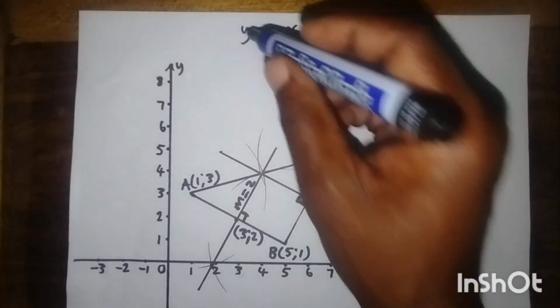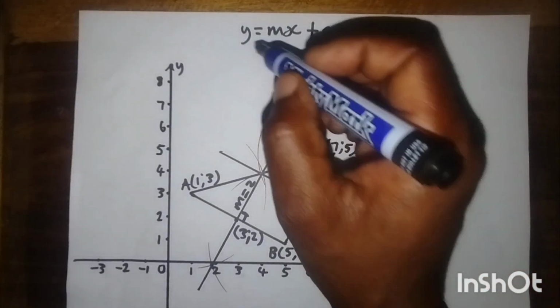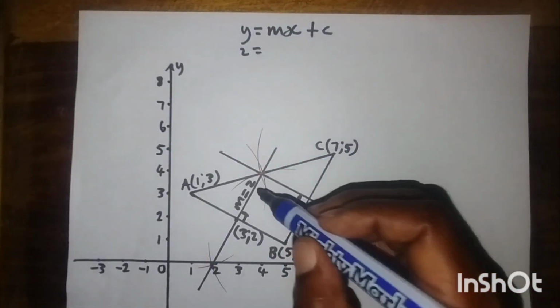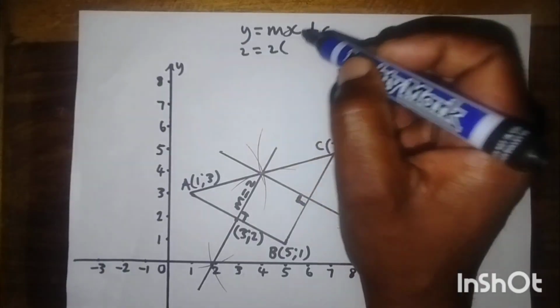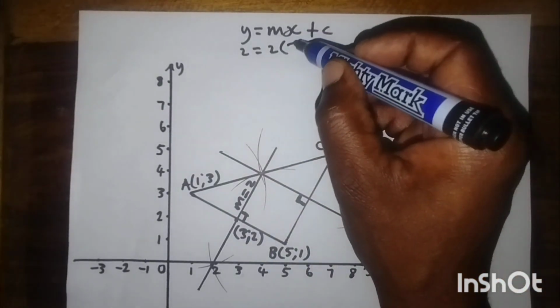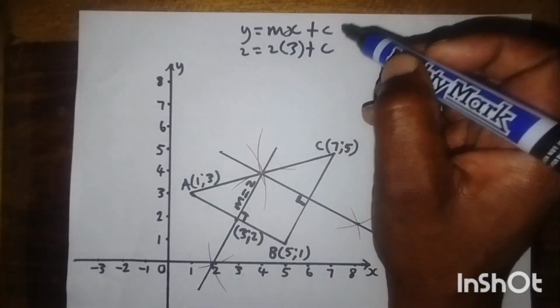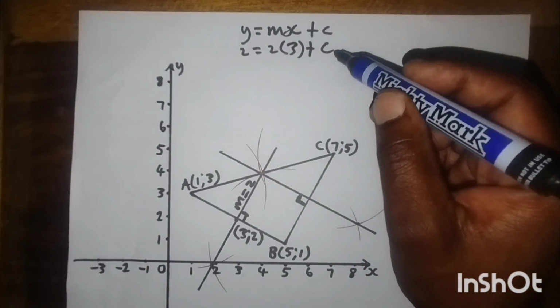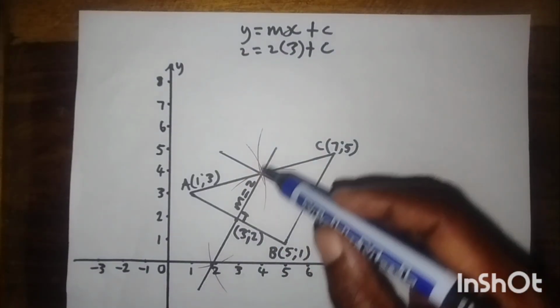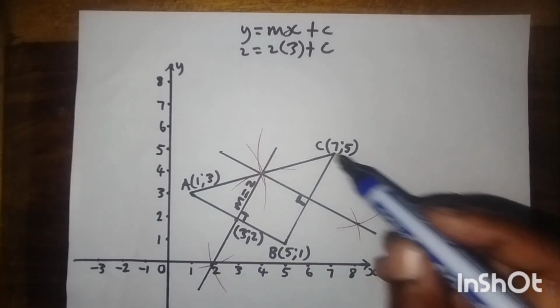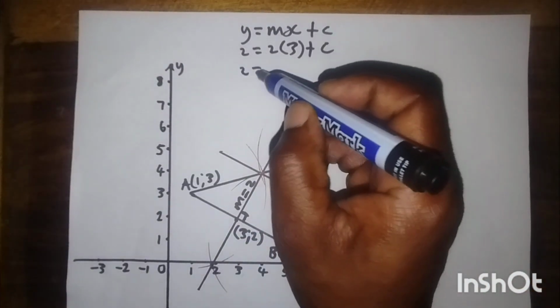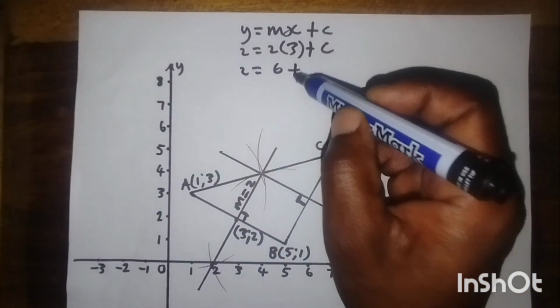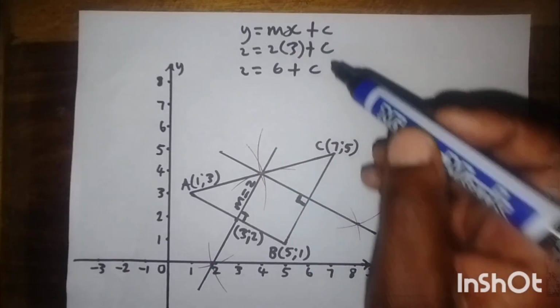So my y here is 2, and my m here is 2 again, and my x is 3, plus c. First of all, I want to find the c, which is the y-intercept. That is where this line cuts the y-axis. Okay, so 2 equals 6 plus c.